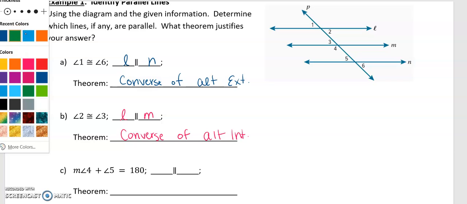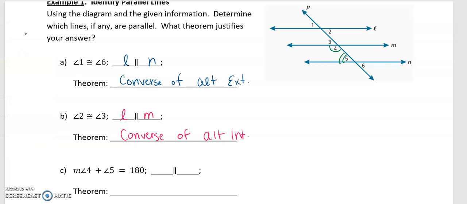So 4 and 5 are supplementary, and so M and N are parallel because they're same side, but again, we need the word converse, either at the beginning or end. Converse of same side or consecutive interior.